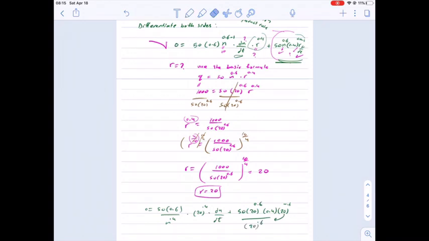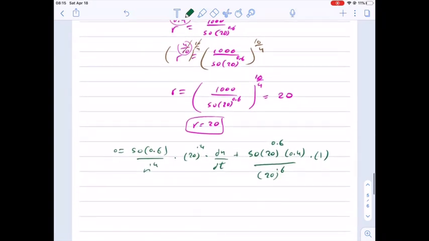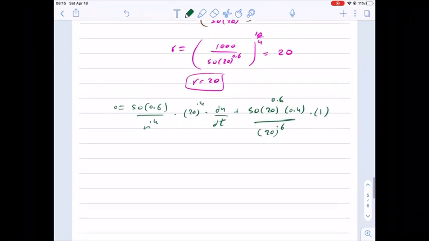We can bring it down here, becomes 20 to the power 0.6. And we have dr over dt. dr over dt is 1.